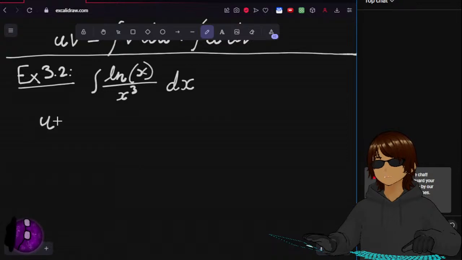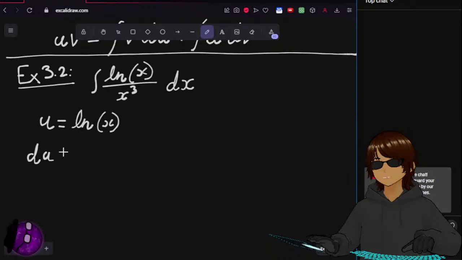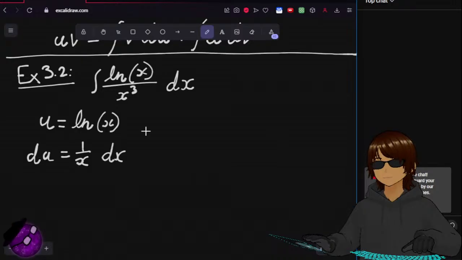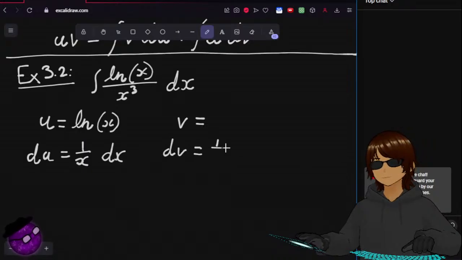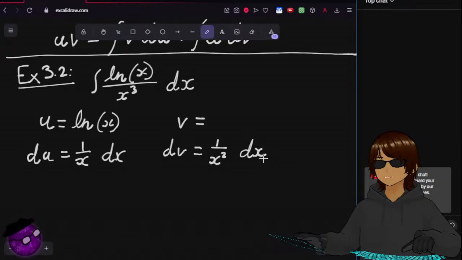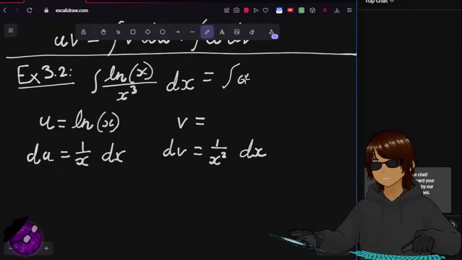So if u is ln of x, derivative is 1 over x. If v, I want the derivative of v to be 1 over x squared. So basically, then I can rewrite this as u dv, 1 over, no wait, x cubed.